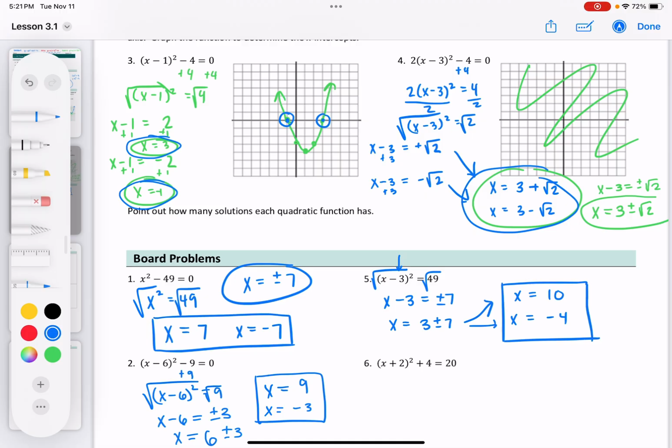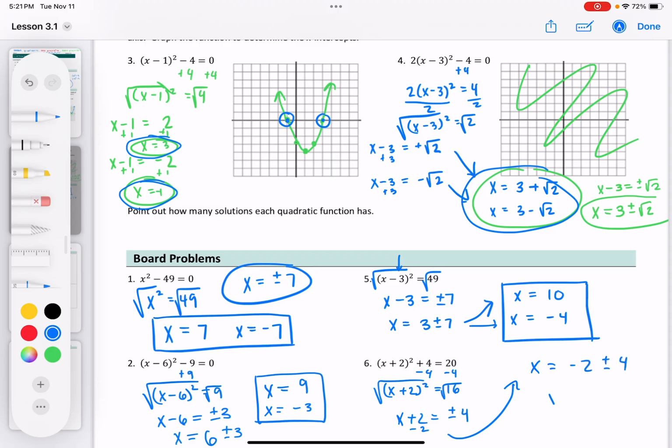So we are going to need to minus the 4 over before we can get rid of our square. Then we square root both sides, and we'll end up with x plus 2 equals plus or minus 4 on this one. And when we minus the 2 from both sides, we will end up with x equals -2 plus or minus 4.